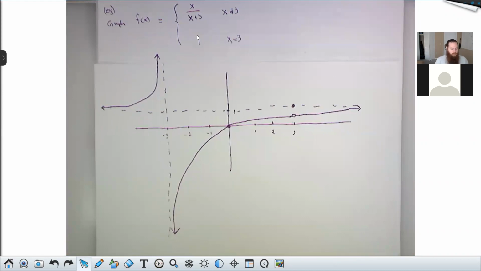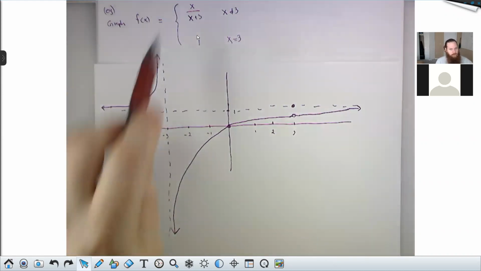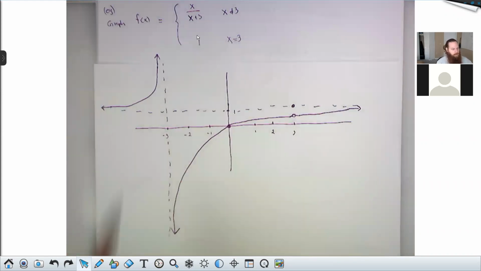It's a hyperbola, and the branches of the hyperbola over here and over here really should be the same size. I'm just zoomed way in on this piece, so I don't have a lot of room to draw over here. They should be scaled similarly, but we had this hole here, and that's coming from the piecewise definitions now.